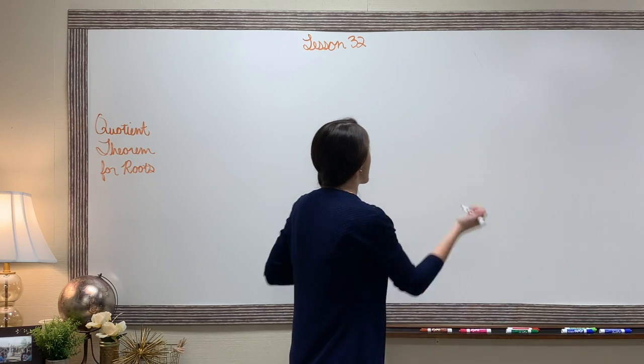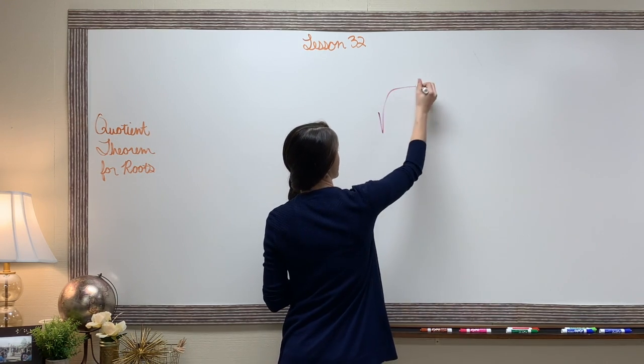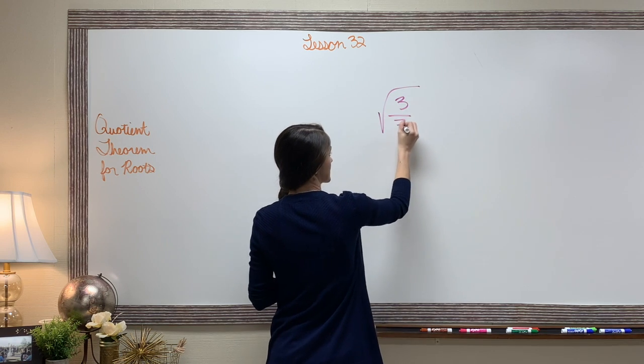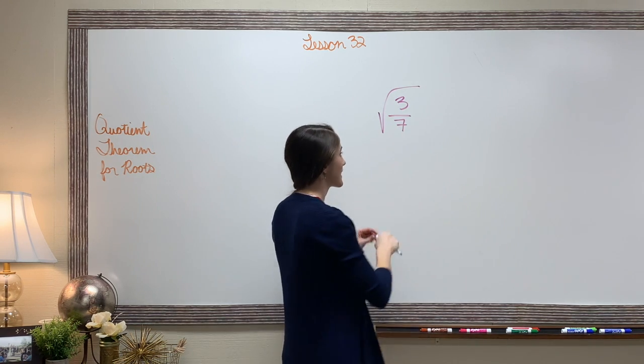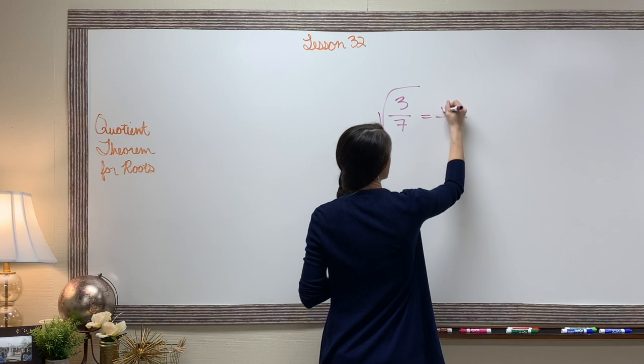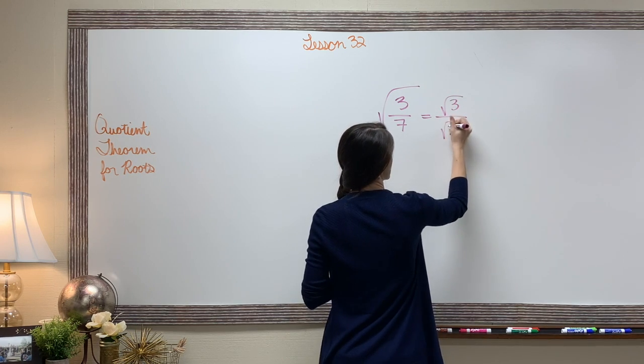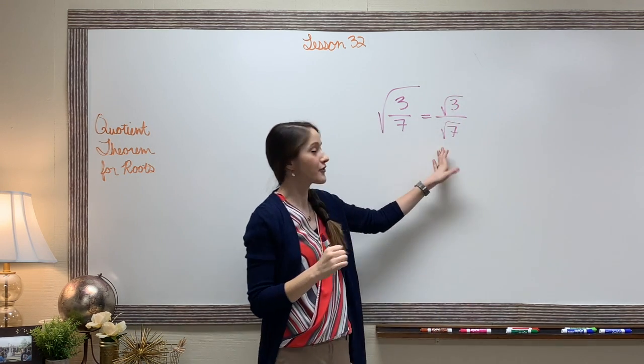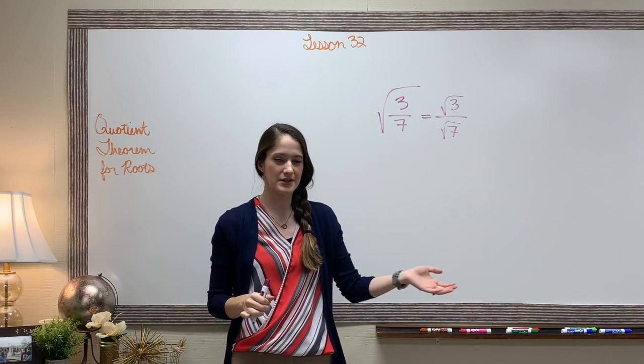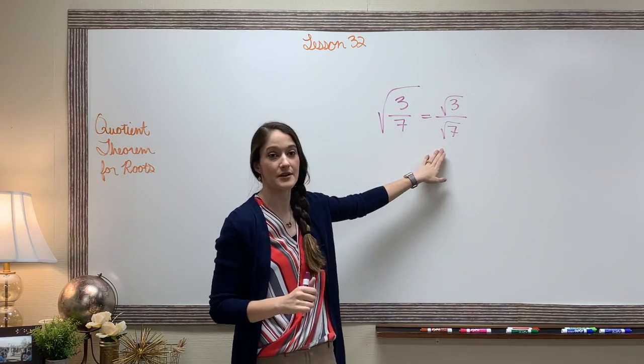If we have the square root of 3 over 7, what we need to visualize that as is the square root of 3 over the square root of 7. And from there, we've already learned a couple of lessons ago that we can't have square roots in our denominator.